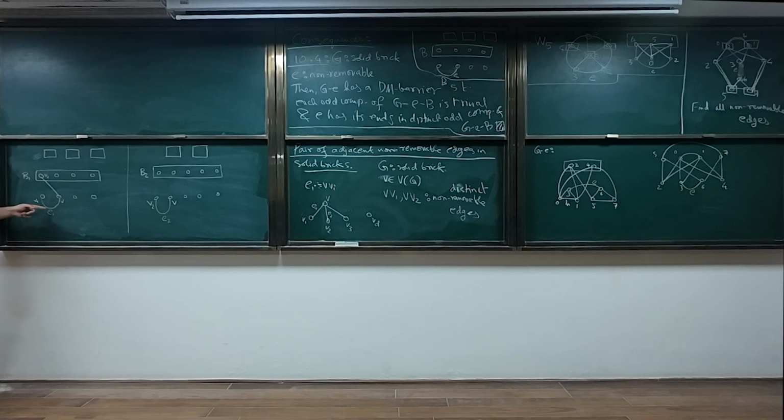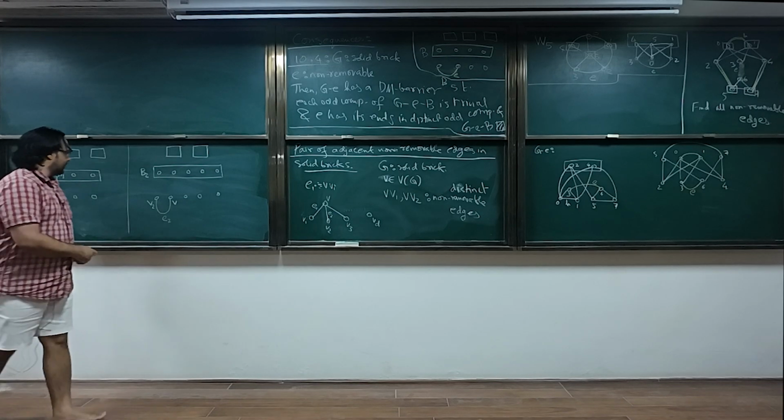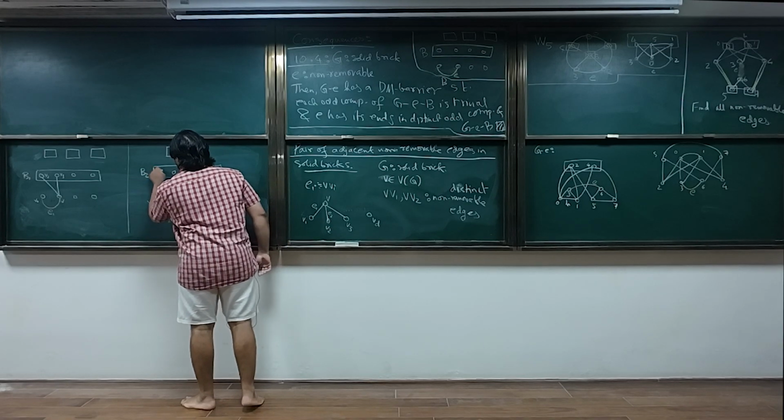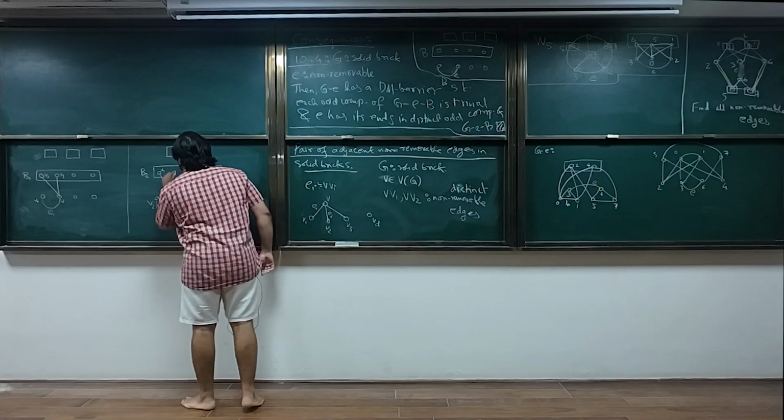Because this is the only edge that has its ends in odd components after deleting the edge and the barrier, by definition of components. So therefore, V2 is here, V3 is here. In this drawing, V1 is here and V3 is here.